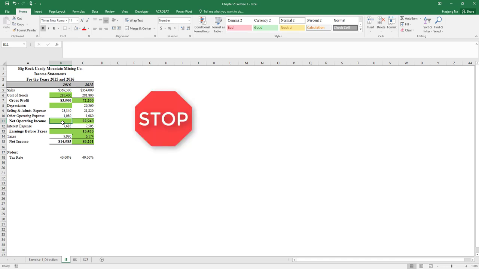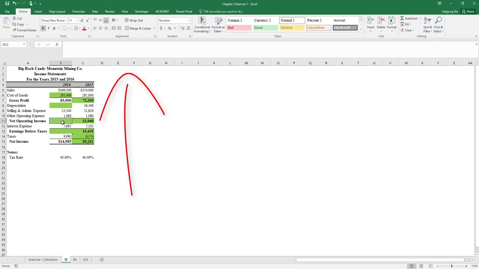Whenever we are facing an obstacle, we have to go the other way around, which is a bottom-up approach. So go down to the very bottom, which is the net income, and let's take the other route. All right. So from here, net income to the next missing, which is earnings before taxes.